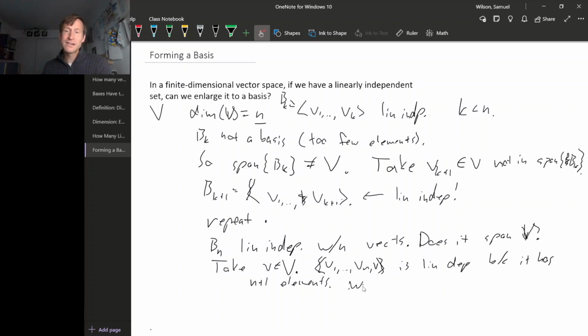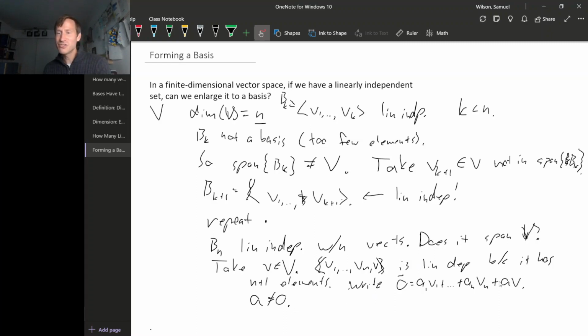So write a linear dependence relationship. The zero vector is a1 v1 plus so on up through an vn plus a times v. Now, a has to be non-zero.